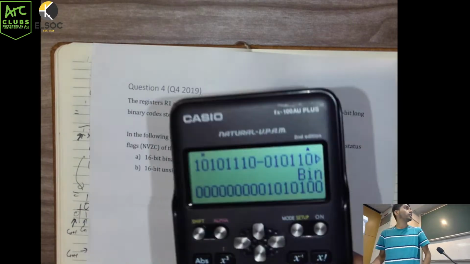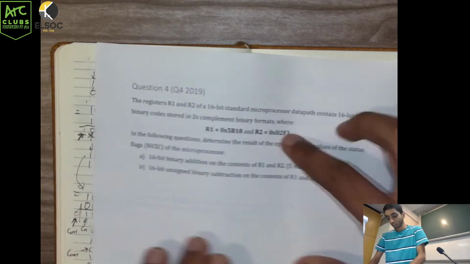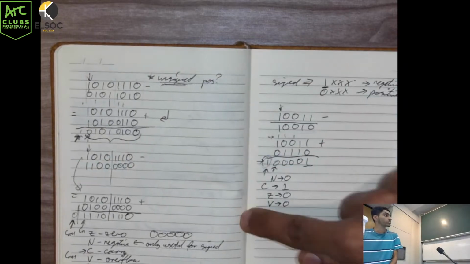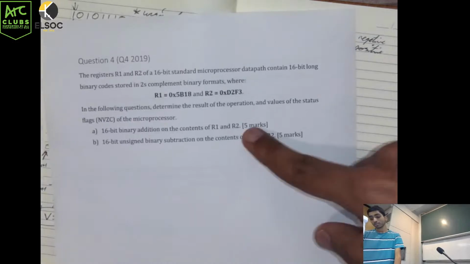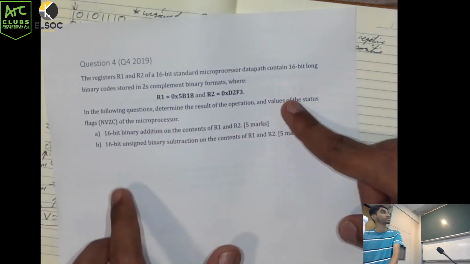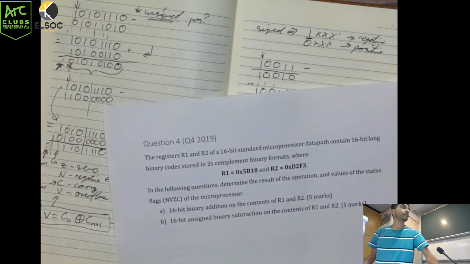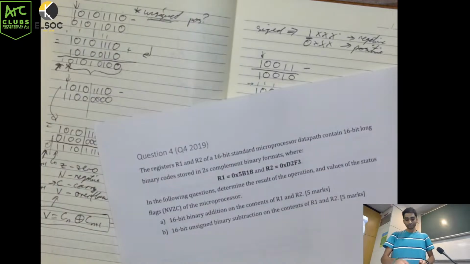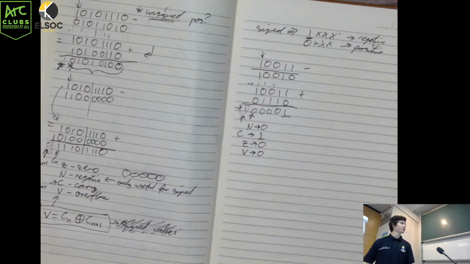Obviously, if you just write the answer, you're not going to get most of those marks. So you would go through all the steps we just did, do the calculations, look at the XOR, calculate the V flags, write down the values of the status flags, and then to verify that you're right, you can use this method. So the calculator is very good at verification. And that'll be my part for content now.